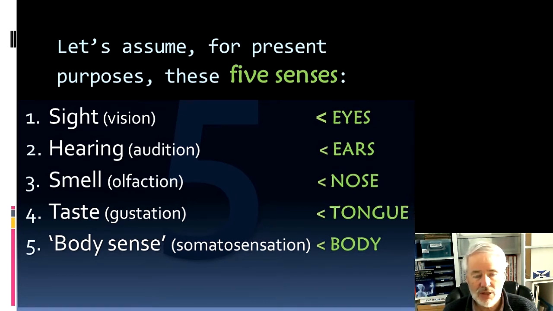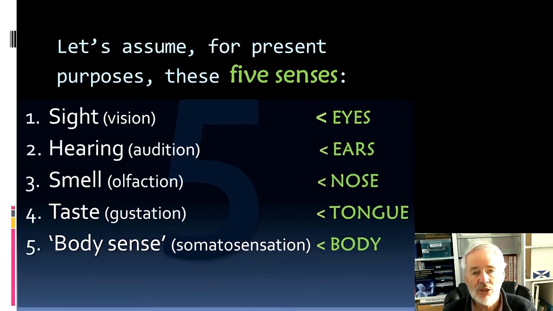Now the 5th sense, the traditional 5th sense, is the sense of touch, but in line with a general principle of keeping accounts of the mind in line with contemporary views of the brain, we will go along with a more contemporary view of the 5th sense, which is the somatosensory sense. And somatosensory sensation includes touch, but it includes simply the sense we have for the body in space and our relation to it.